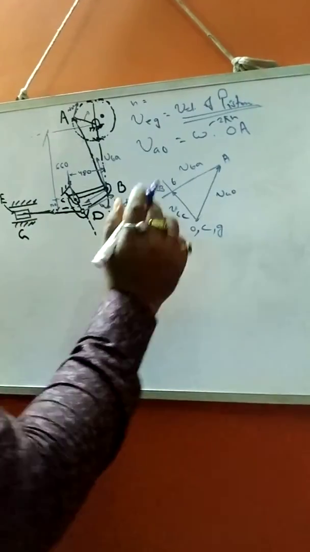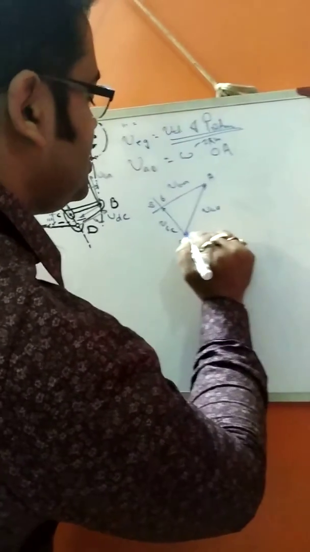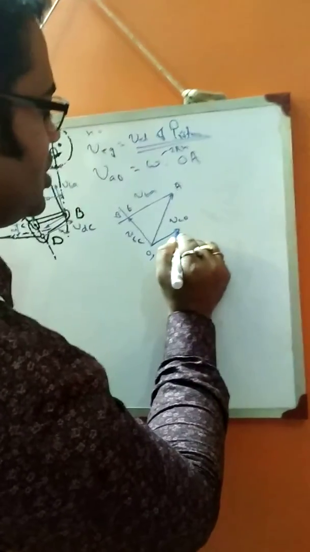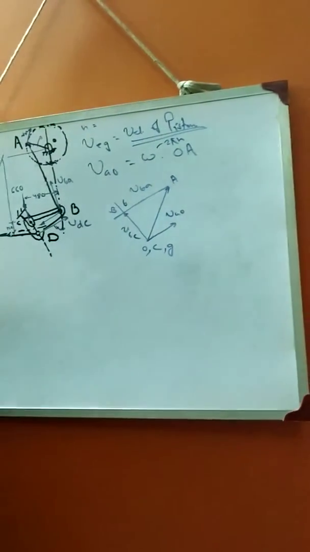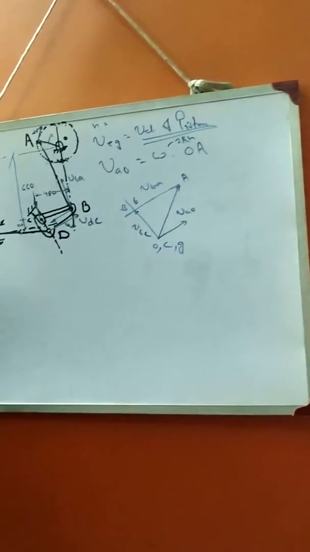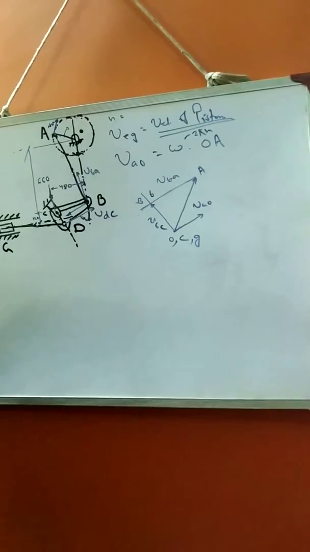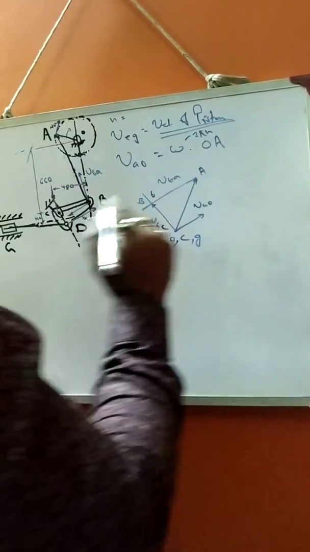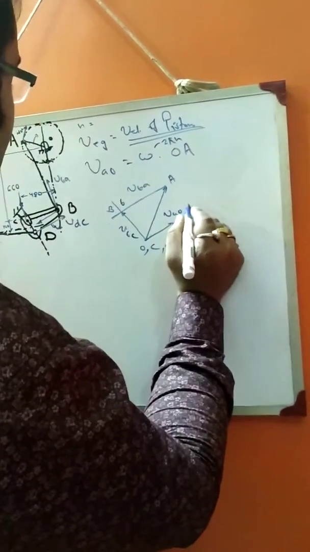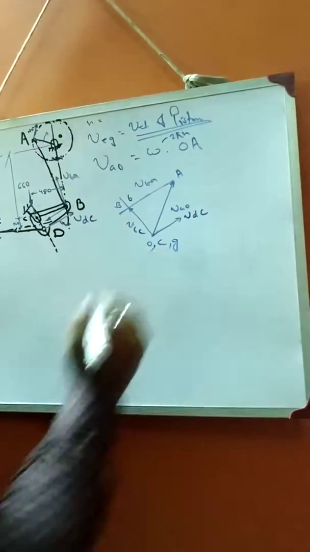Our fixed point is C. So this is a known vector, both magnitude and direction. We have the direction from here, and the magnitude we have calculated from the proportionality. So this will be velocity of D with respect to C.